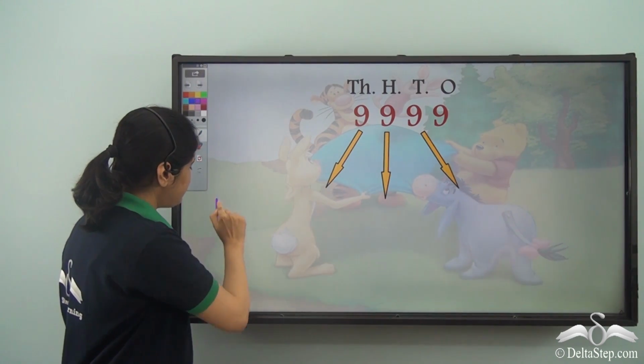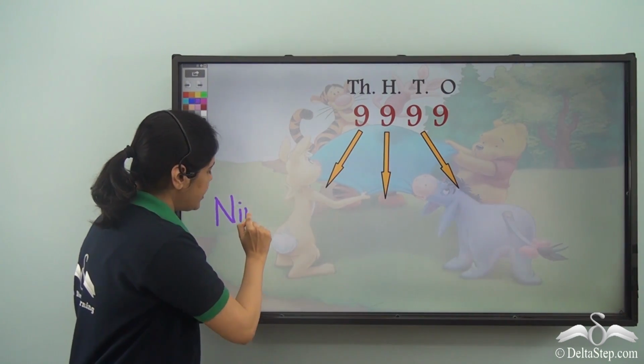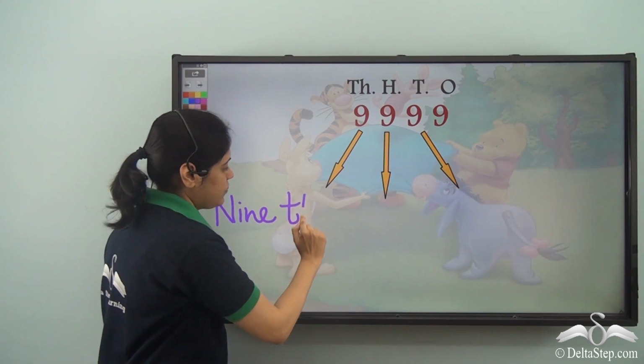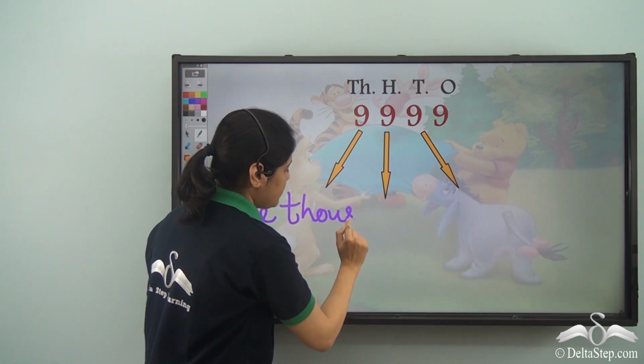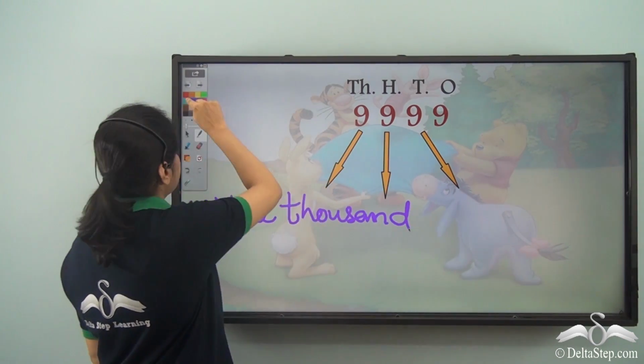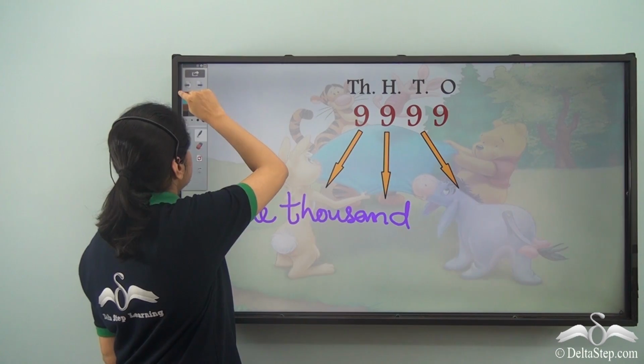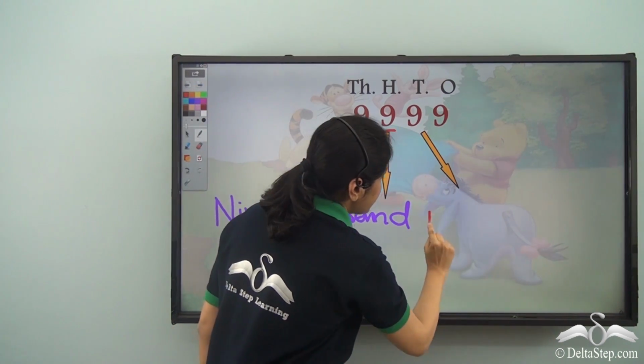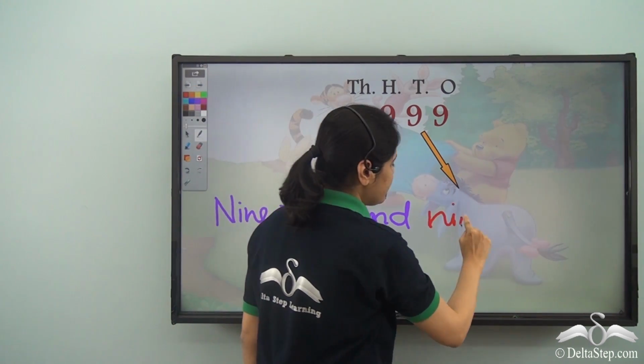Now what is the number name of this number? 9 in the thousands place. So this is 9000. 9 in the hundreds place makes the second part 900.